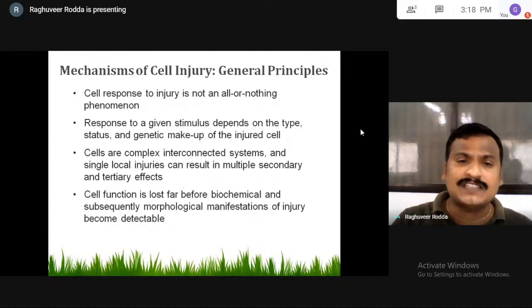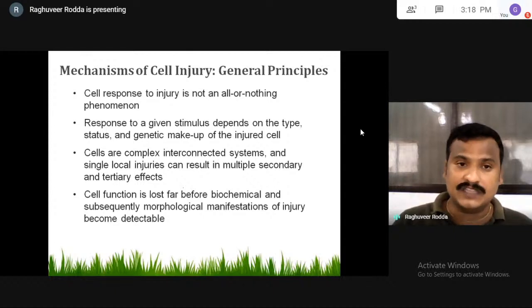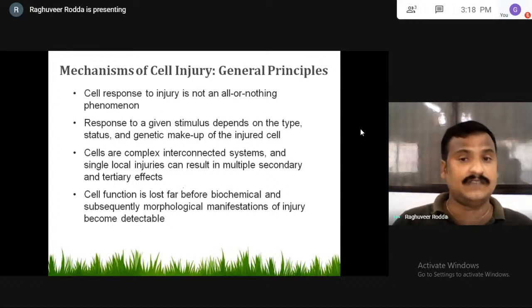So at what state the cell is currently present, whether the injured cell is new, whether it is already affected, or whether it is in the middle of an inflammatory process. All of that matters here.